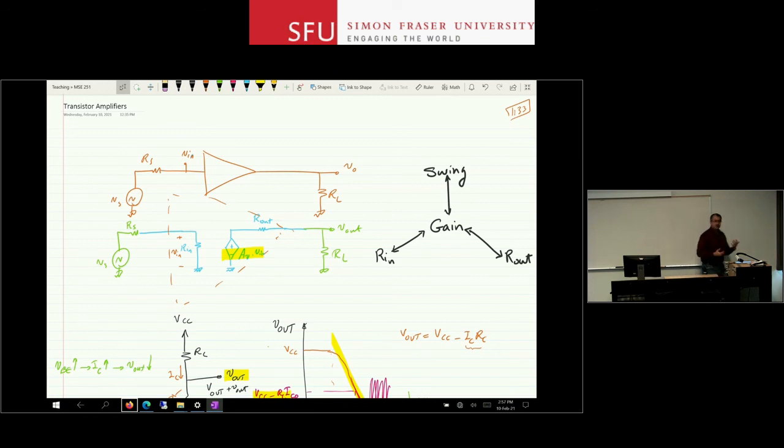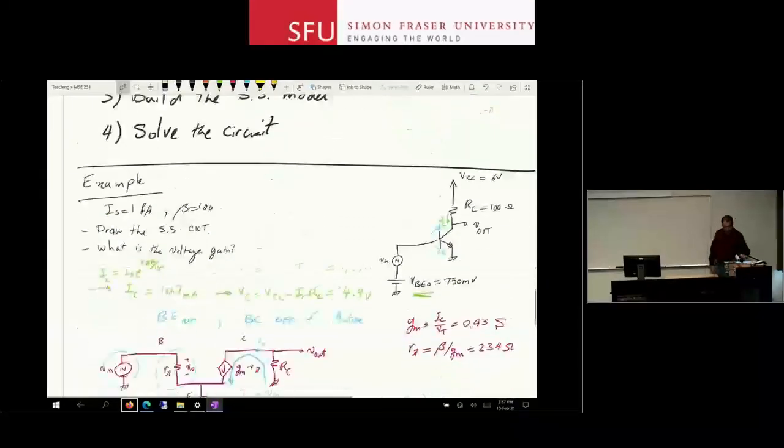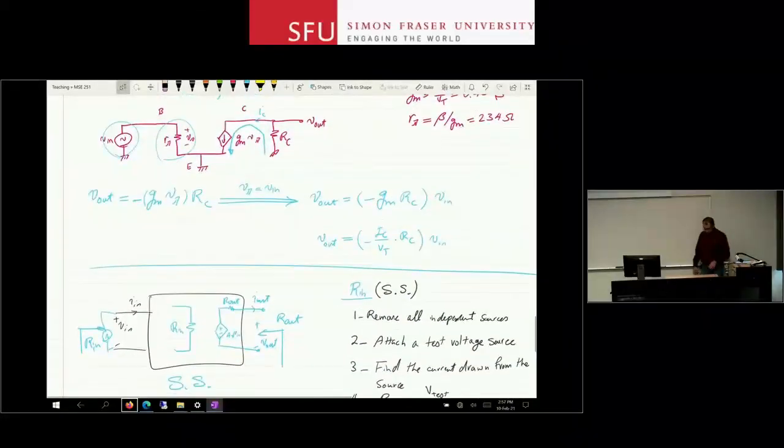If you can do the small signal analysis, and all of them are small signal quantities, then you can replace a complicated transistor circuit with just these three components. And if you're putting these amplifiers in series, in parallel, whatever you're doing with them, now you're only going to deal with a much simpler circuit. So that's what I call input-output resistance of a circuit.